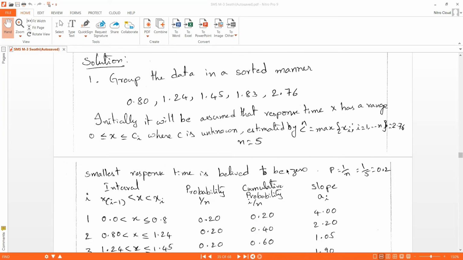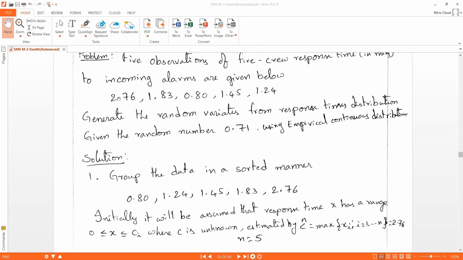So here the first step, group the data in sorted manner. Here the data is given like this: 2.76, 1.83, 0.80, 1.45, 1.24. This we will group in sorted manner. So if you sort the input data, we will get 0.80, 1.24, 1.45, 1.83, 2.76.